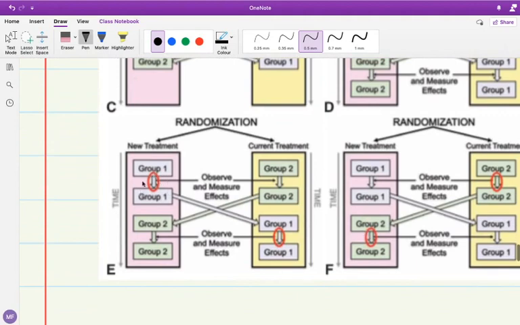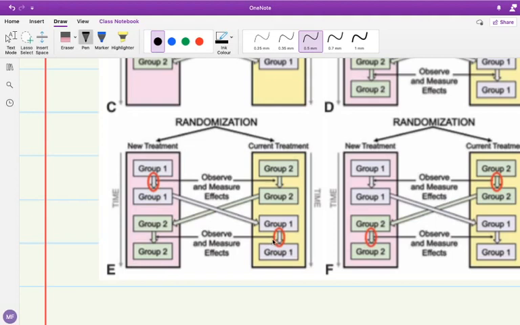So in this example, if you look at these red points, what you can infer is that the same group 1 is acting as a control for itself as well. The same group 1 which was administered the new treatment is also acting as a control, because it is also given the current treatment at a later time point.